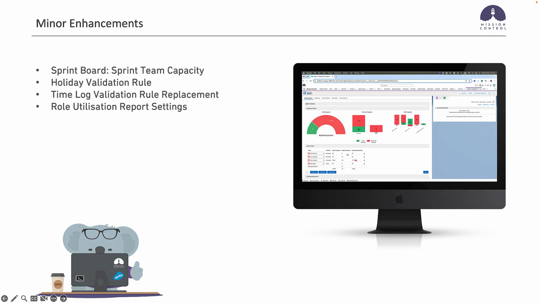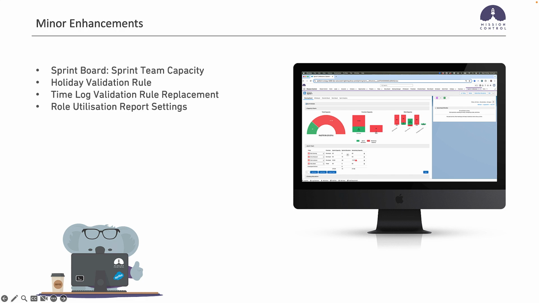But if you were to insert two time logs at the exact same time, for example via the timesheet, then each one of them on their own might not invoke the validation rule, but if you were to combine them together, then it would need to invoke the validation rule. And in some instances, that wasn't always being invoked. So we've replaced that logic with an Apex trigger.